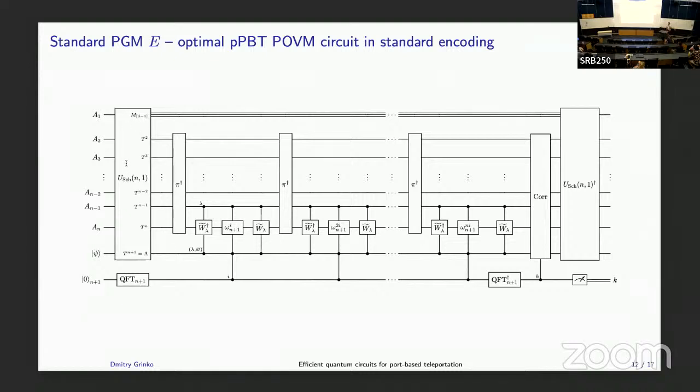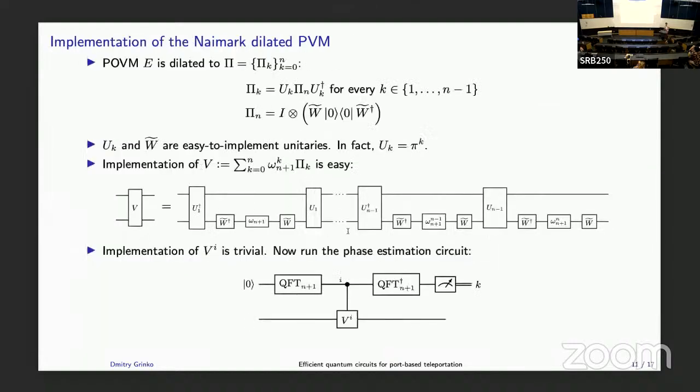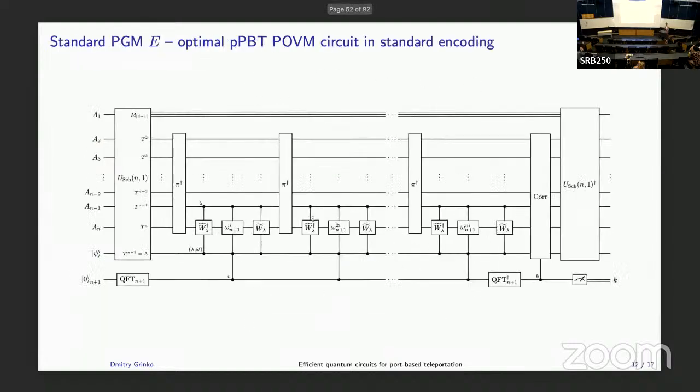You apply this mixture transform, which we described in our previous paper. Then you apply these unitaries U_k and W like in this picture, adapted to this specific context. You do it essentially a linear in n number of times here. The circuit you see here is actually in standard encoding.